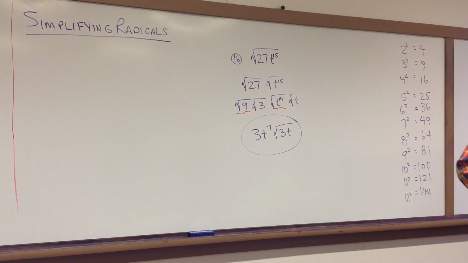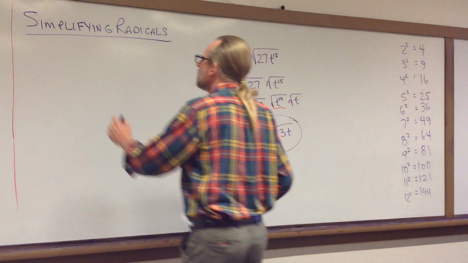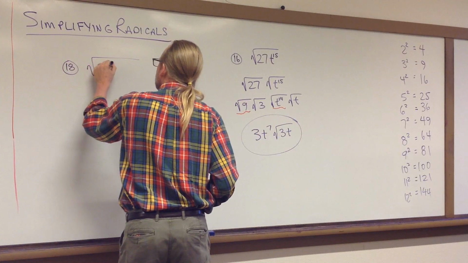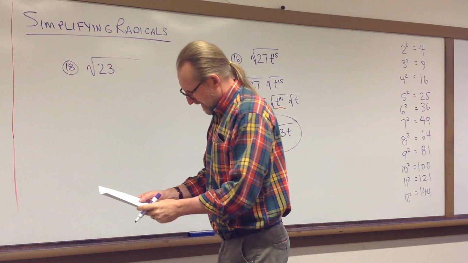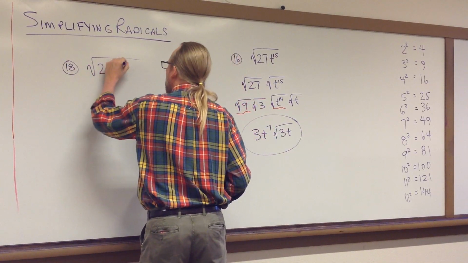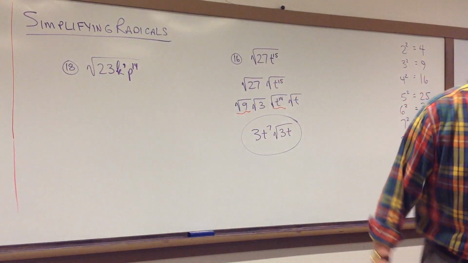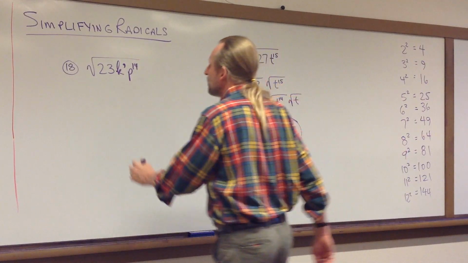So, problem 18. We get 23, k to the 9th, p to the 14th. Let's split them up into 3 pieces.